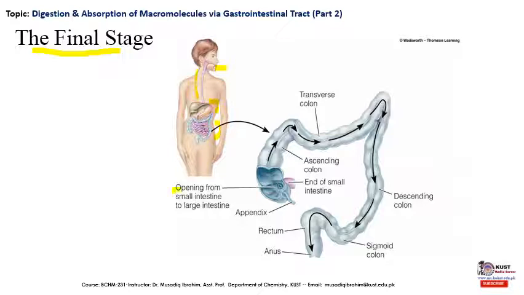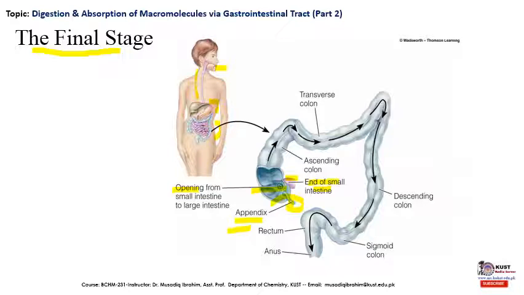So this is the opening from the small intestine to the large intestine. Here you can see in the purple color the end of the small intestine portion, and this small loop type of structure is the appendix. Sometimes, due to heavy exercise or exertion, there is a possibility that some of the partially digested food may enter the appendix region and may cause pain, and that condition is known as appendicitis.